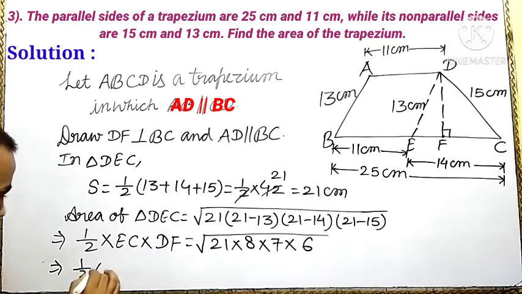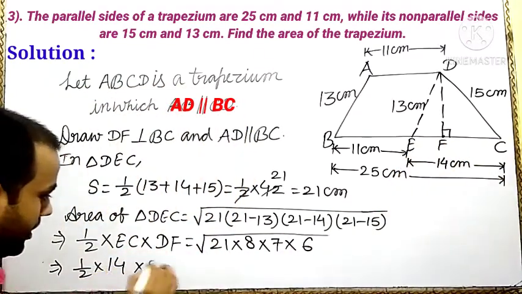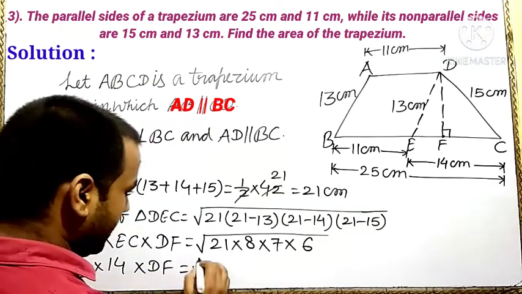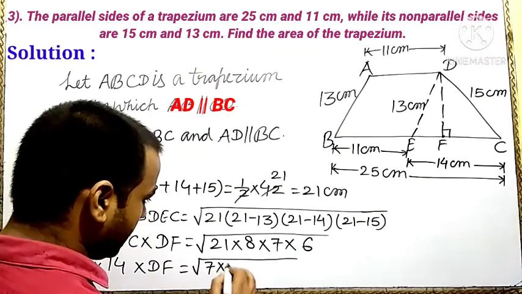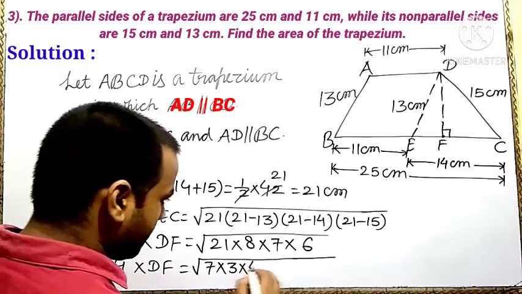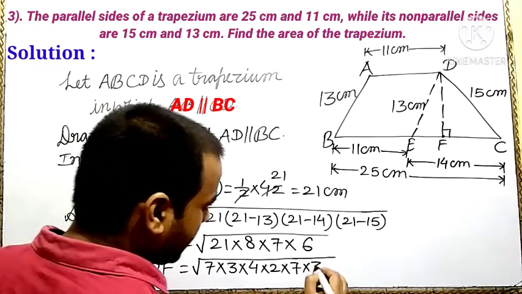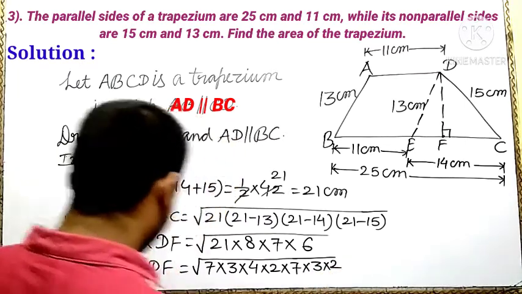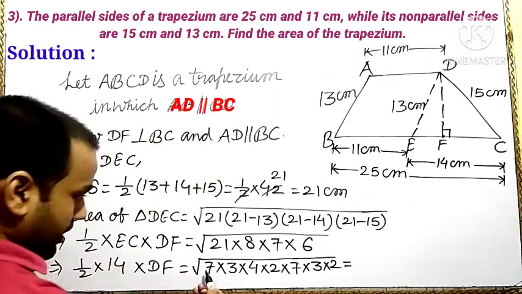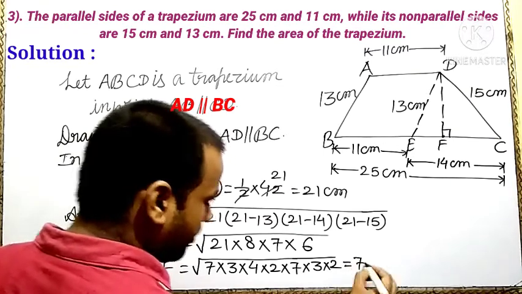Half into base. Here base given EC is equal to 14 centimeter. DF is required. 21 we write as 7 into 3, 8 we write as 4 into 2, 7 write as usual, 6 we write as 3 into 2. So therefore here in the square root, 7 is double, so one 7 comes out.